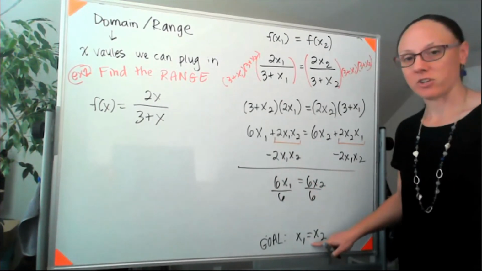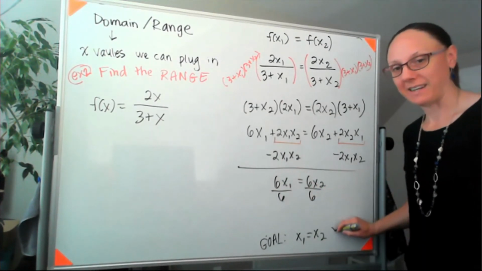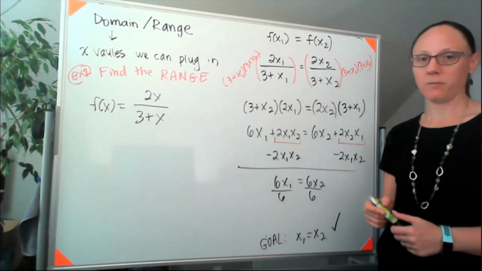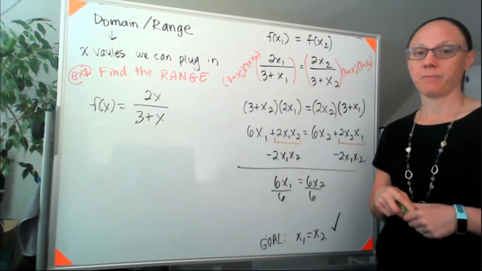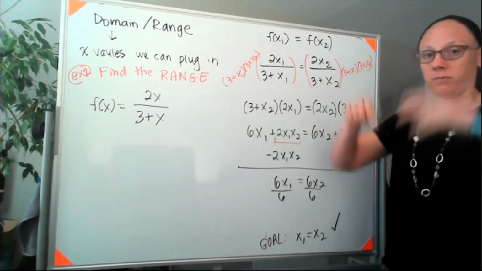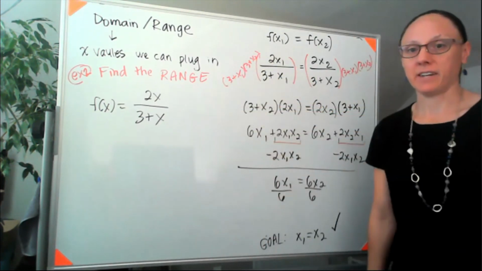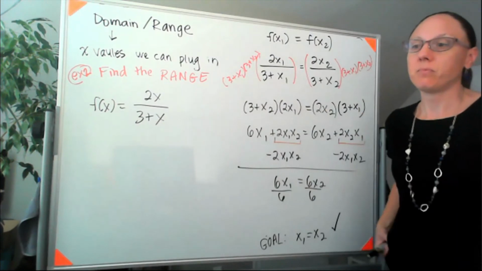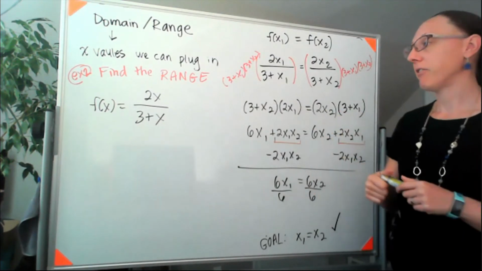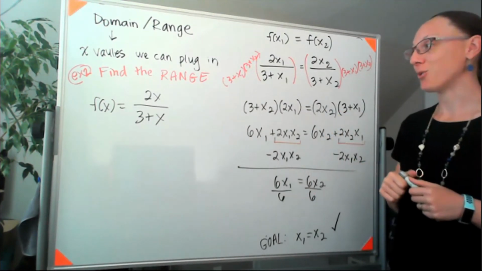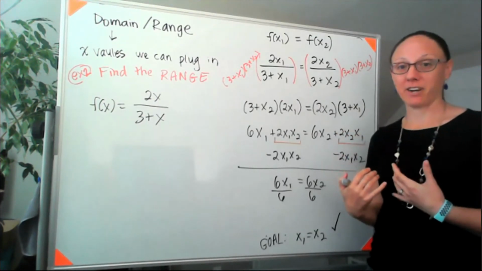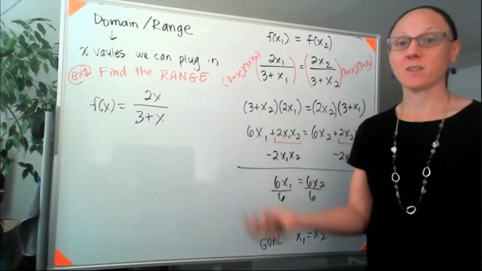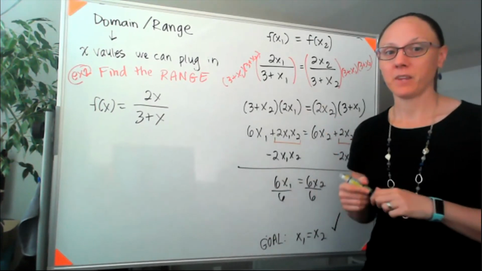And what do you know? I'm down to x1 is equal to x2. This was, in fact, one-to-one, which means we can find an inverse. Now let's proceed to find an inverse. If f of x is equal to 2x over 3 plus x, then personally my first step for finding that inverse is going to be to swap the x's and y's.